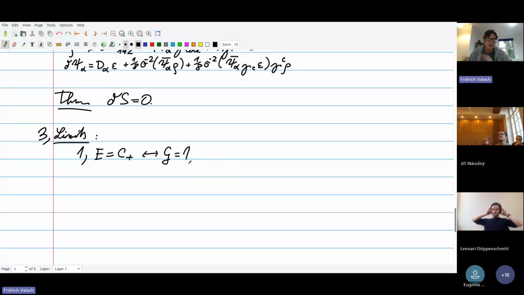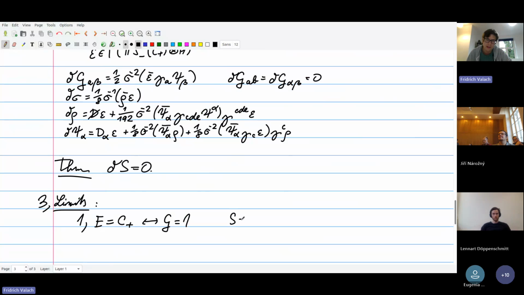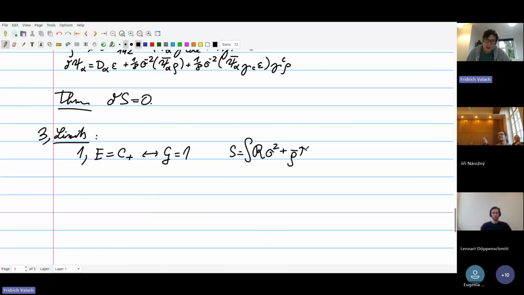But the formulas that I wrote here are perfectly meaningful, and you get an interesting action which only has two fields, a sigma and a rho, and the action reduces down to just this thing, and the supersymmetry transformations become just this.